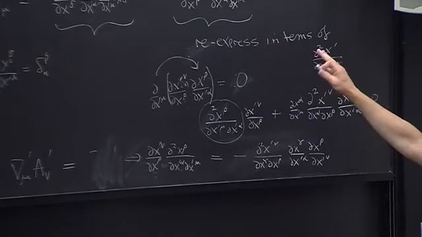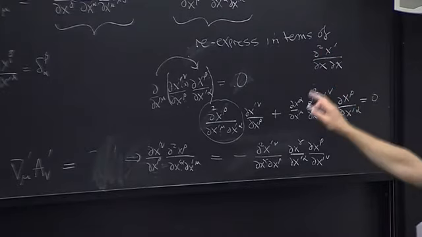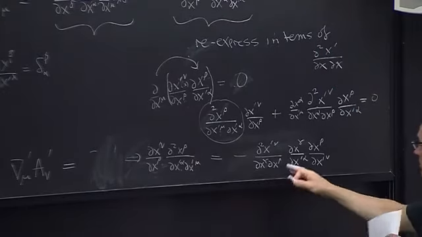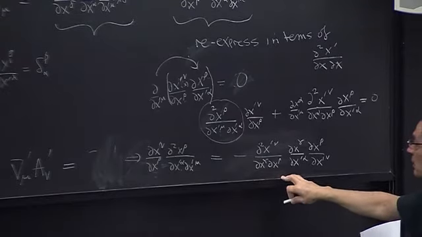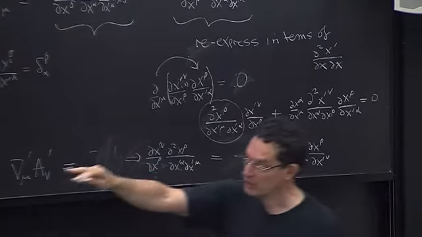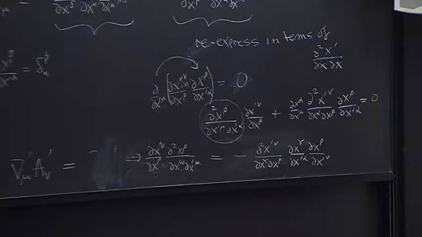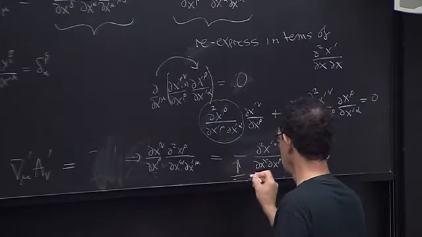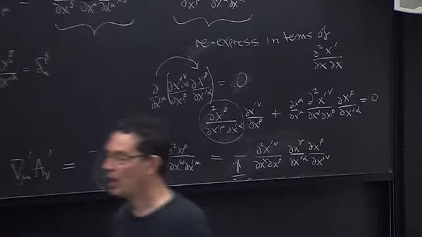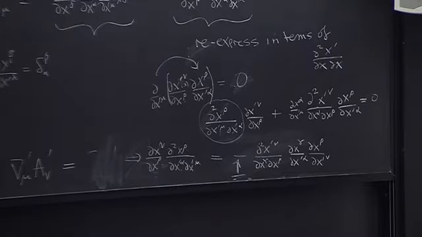So this bad term in the transformation of gamma is related to the bad term you will get when you take the derivative of an upstairs index thing. And here's the minus sign, with this minus sign.